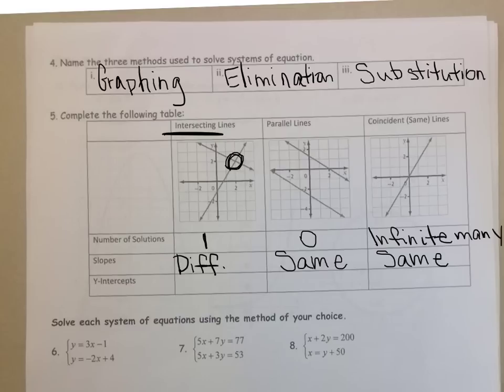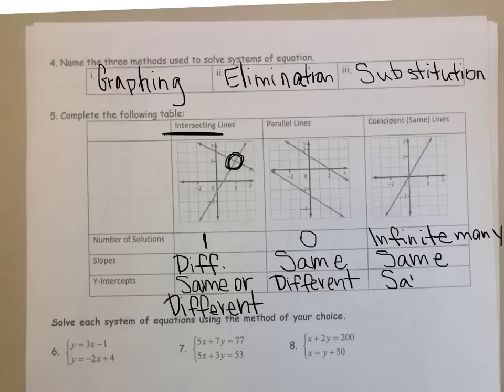That's common sense. Your y-intercept for intersecting lines can be the same or different. Your y-intercept for parallel lines can be different. And the y-intercept for coincident, the same line, is going to be the same.